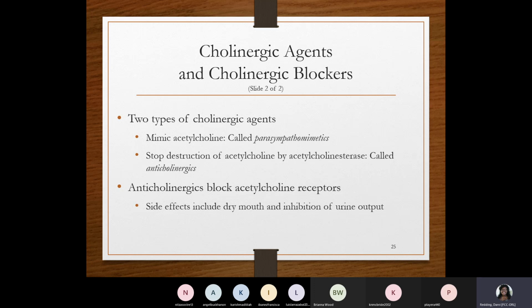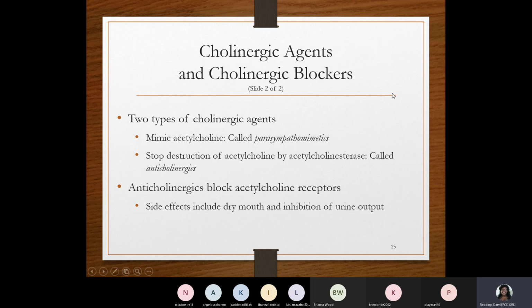And so even though it sounds like a lot, when you think of anticholinergics, there are some medications that work by stopping the impulses in the nerves. And so with anticholinergics, those work by blocking the acetylcholine receptors.